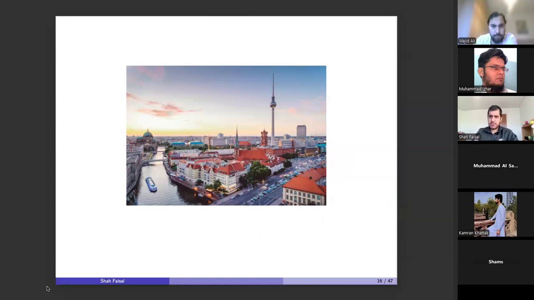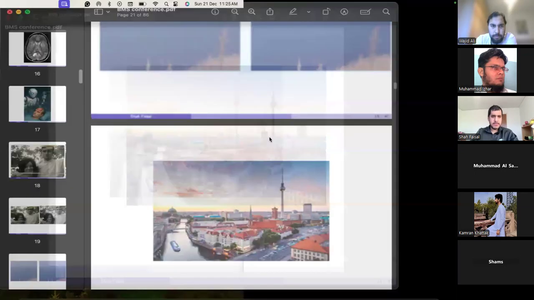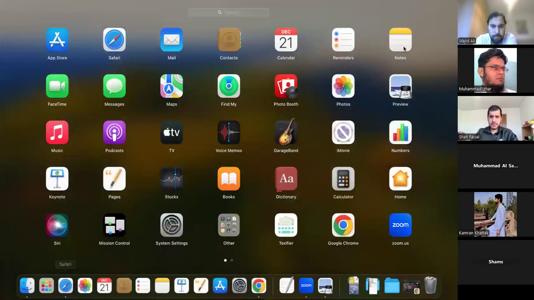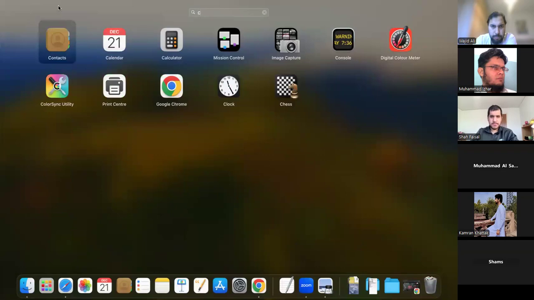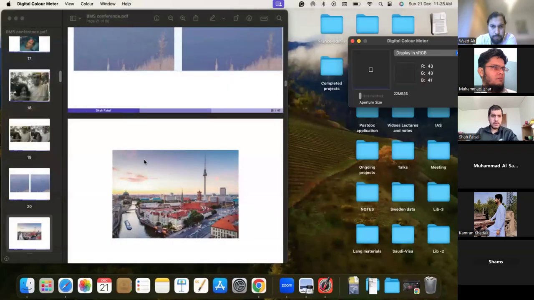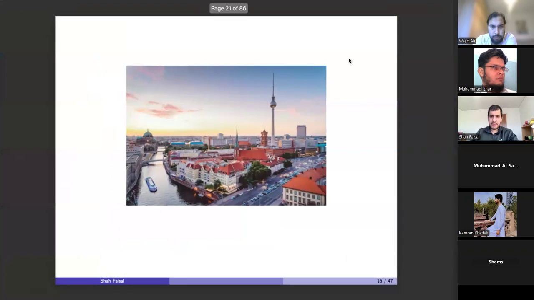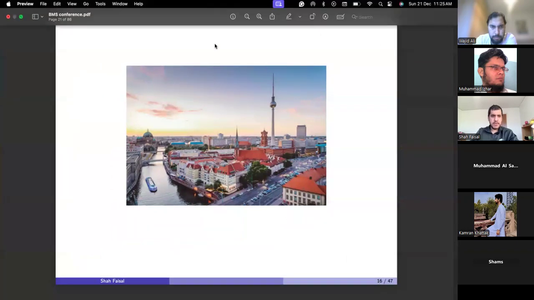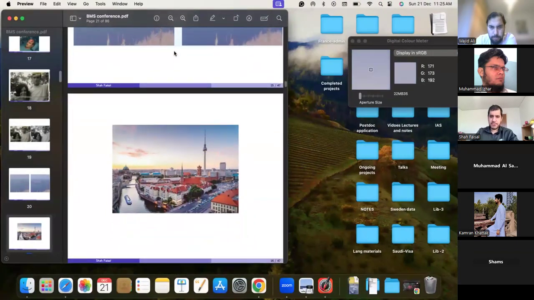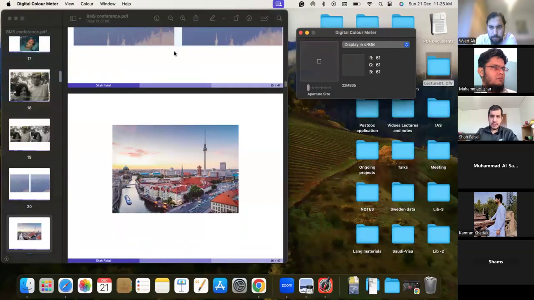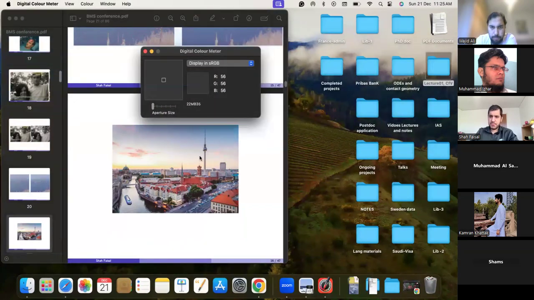So let's do some math with this problem. If I consider a picture, then each picture is made of three colors, red, green, and blue.